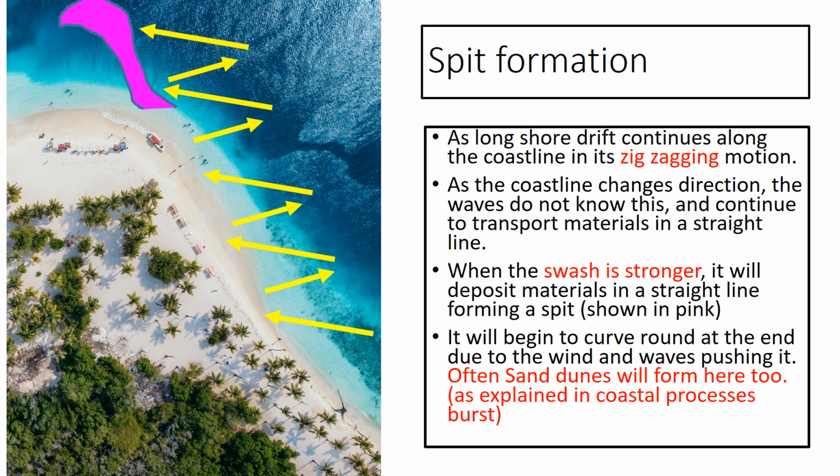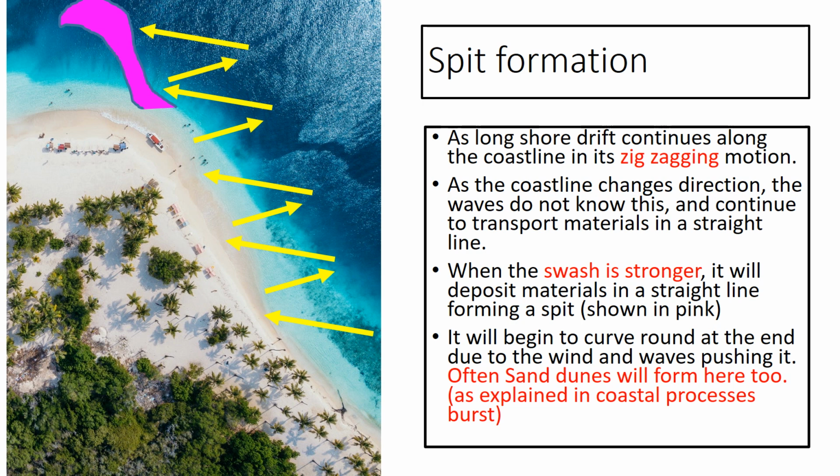So, spit formation then. As longshore drift continues along the coastline in that zigzagging motion as shown by the arrows, the coastline has actually changed direction, but the longshore drift has not realised and continues past the end of that coastline. Therefore, when the swash is stronger, it will start to deposit materials as shown by the drawn on pink section.